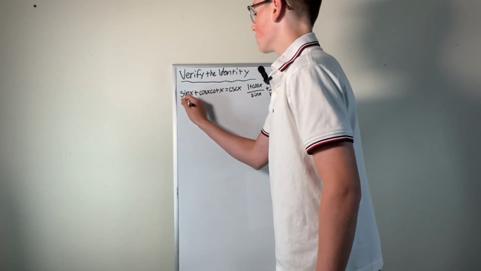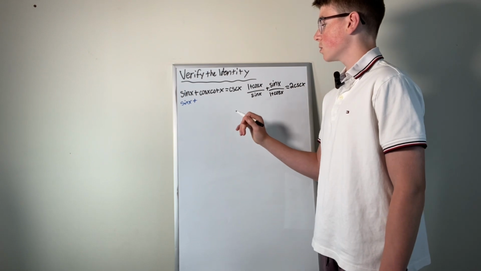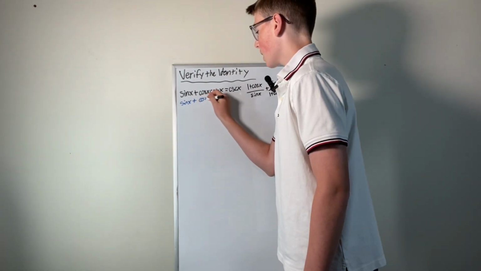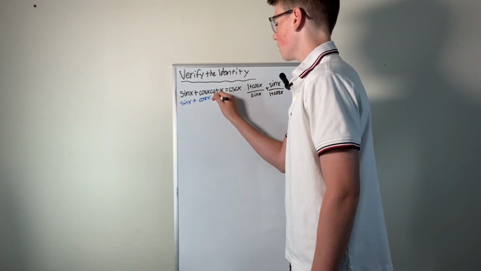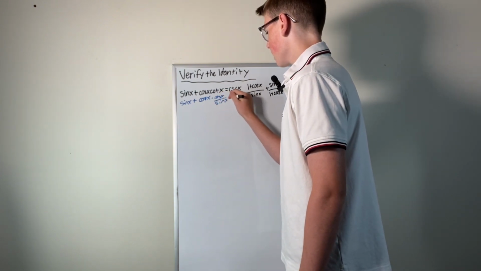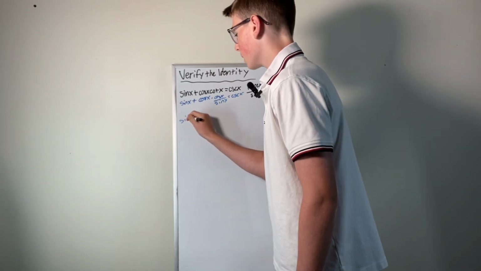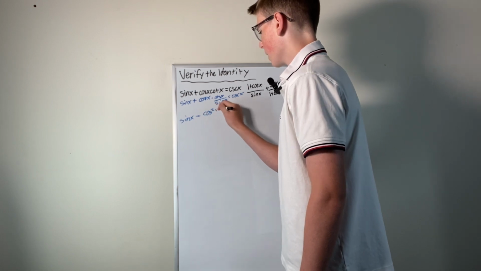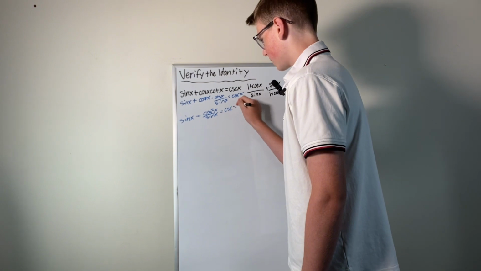So I'll just do sine x plus, first I'm going to simplify this cosine and cotangent. So cosine x and cotangent is cosine over sine, equals cosecant x. So sine x plus, this will be cosine squared x over sine x equals cosecant x.